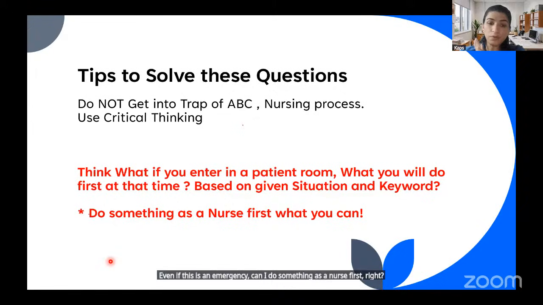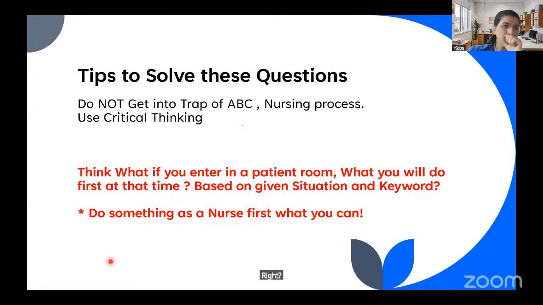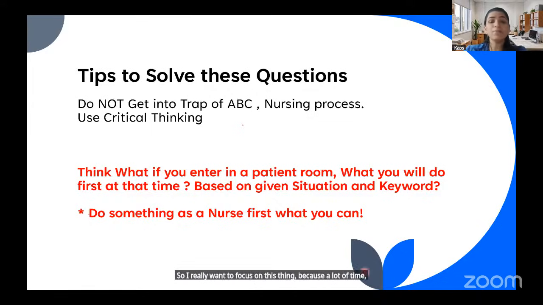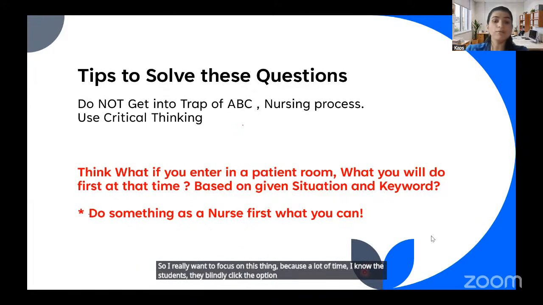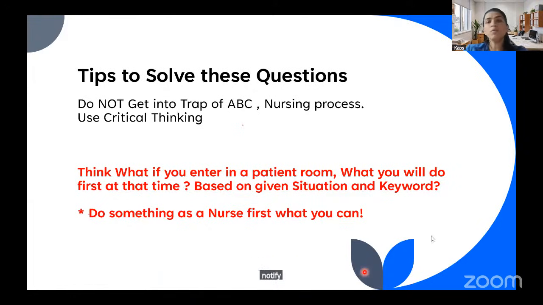So you look at the four options and see what you can do, because this is your exam. This is not somebody else's exam. I really want to focus on this, because a lot of the time I know students blindly click the option notify physician. I'm not saying that notify physician cannot be the right answer.